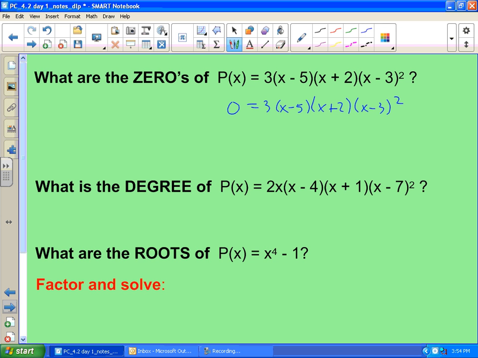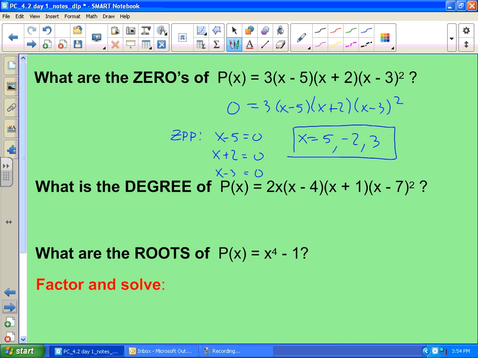And the zero product property states that x minus 5 must equal 0, and x plus 2 must equal 0, and x minus 3 squared must equal 0, but we just look at the binomial portion of that. So my zeros are x equals 5, negative 2, and 3.